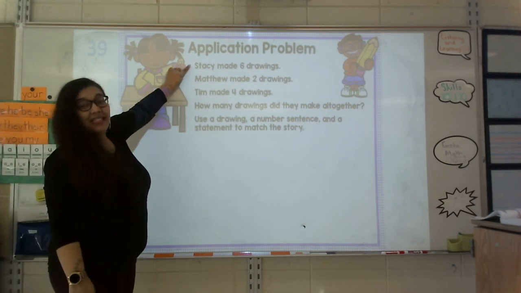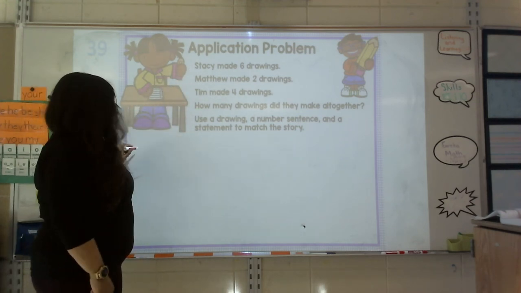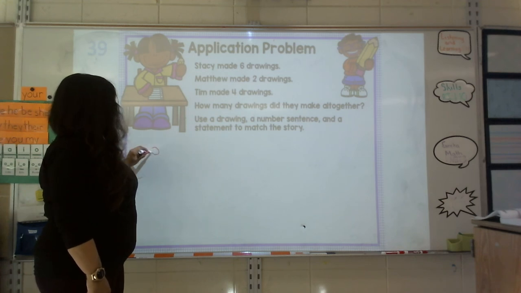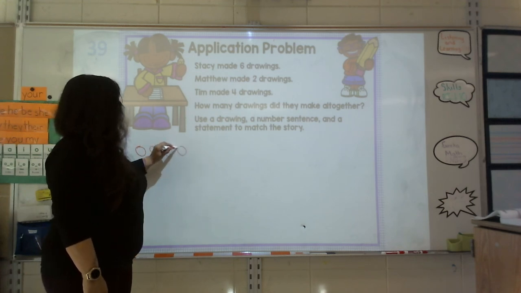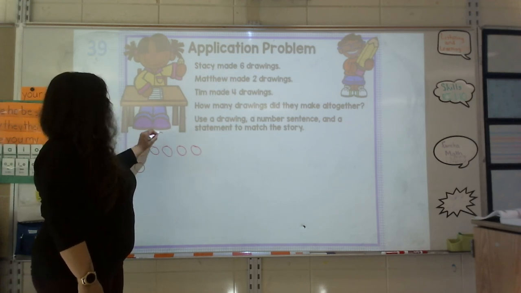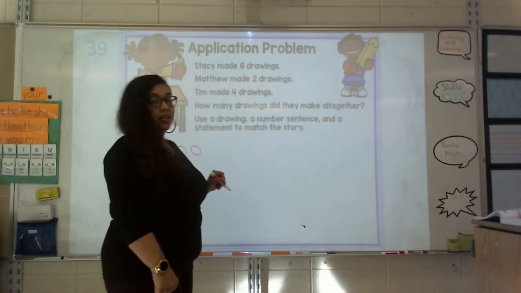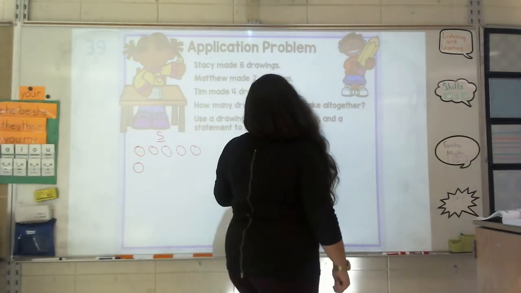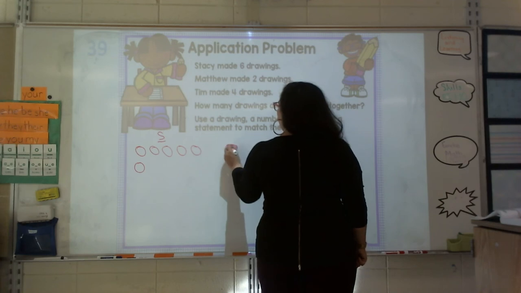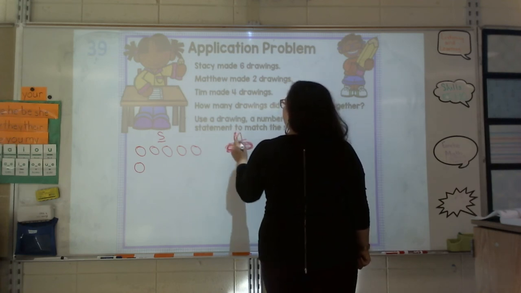How many drawings did Stacy make? 6. So let's draw to represent Stacy's drawings. 1, 2, 3, 4, 5, 6. Stacy. Matthew made 2 drawings. Let's draw another part with another person for Matthew. 1, 2 for Matthew.